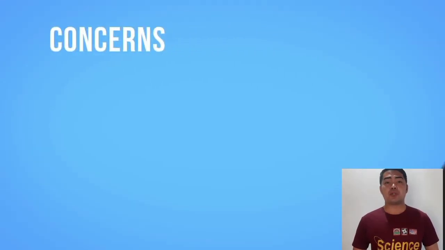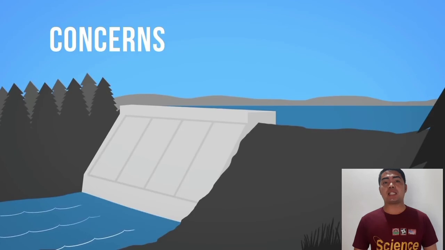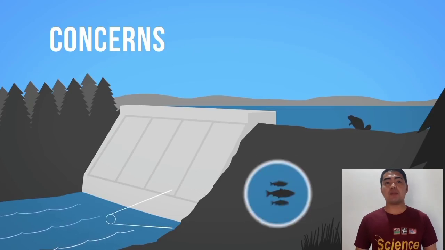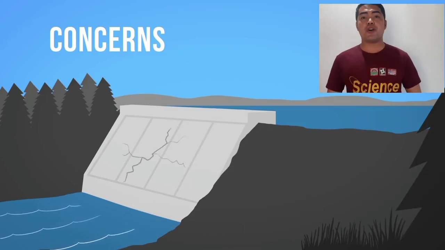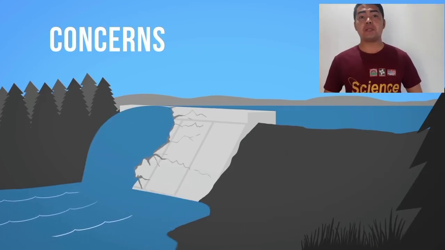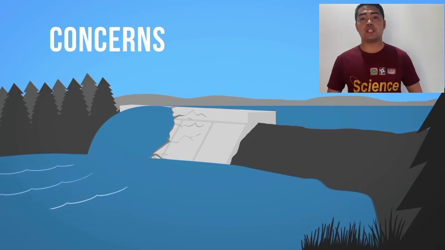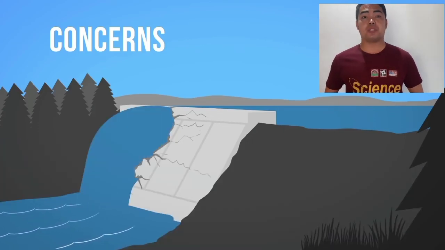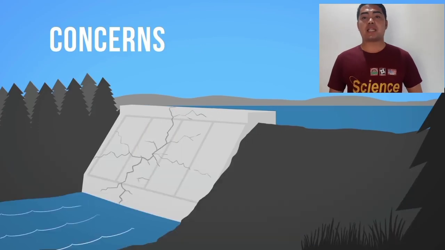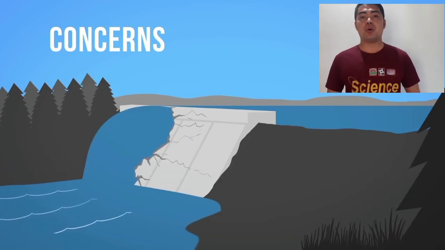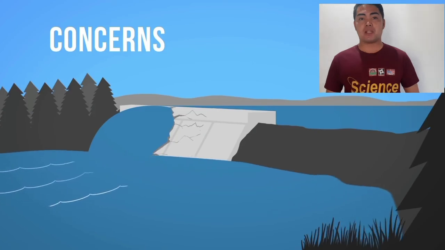There are also some concerns, specifically when it comes to large dams. Damming a river has a major impact on the local environment, changing wildlife habitats, blocking fish passage, and often forcing people in the riverside communities to move out of their homes. In addition, dam failures can be catastrophic, claiming the lives of those living downstream.